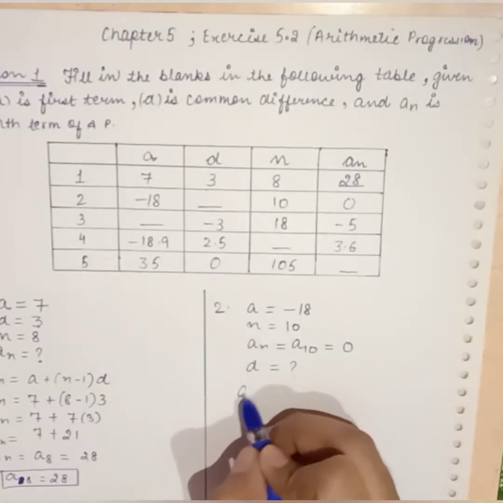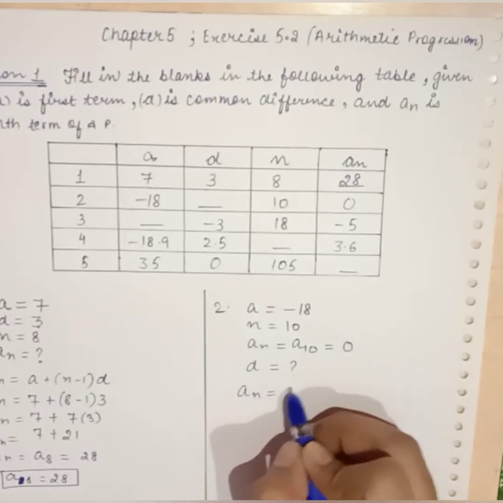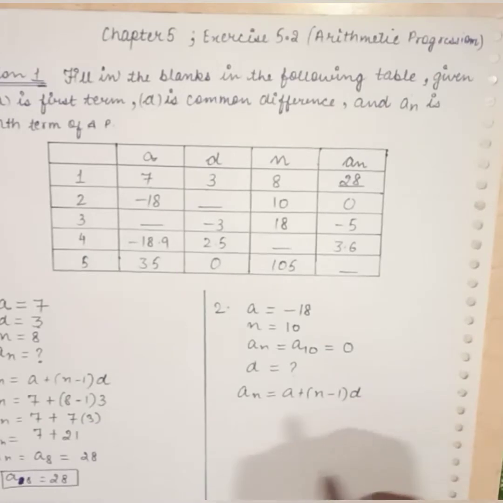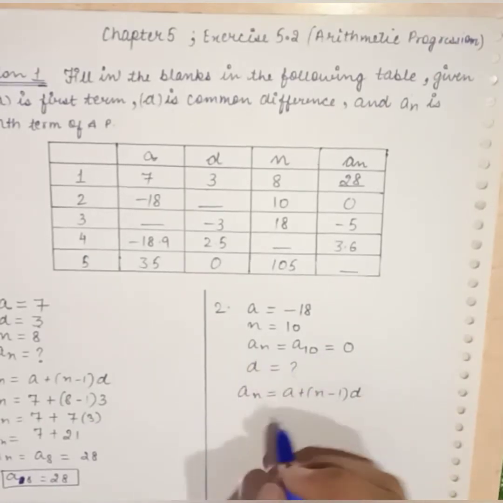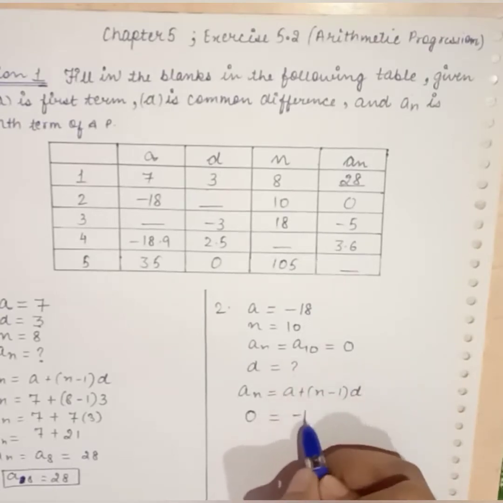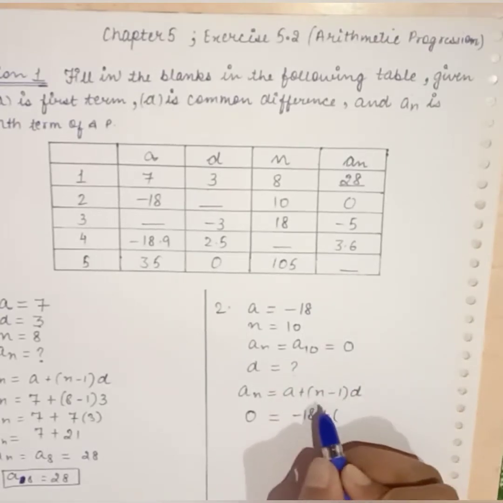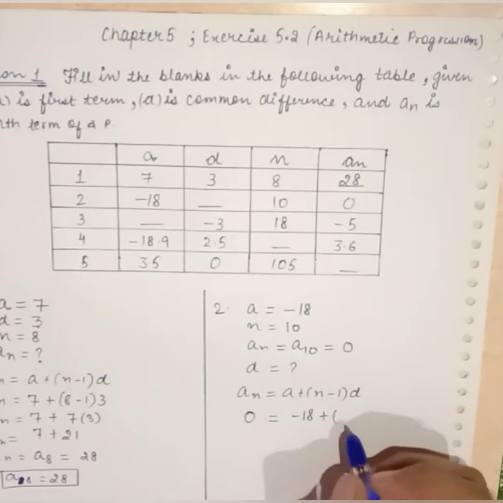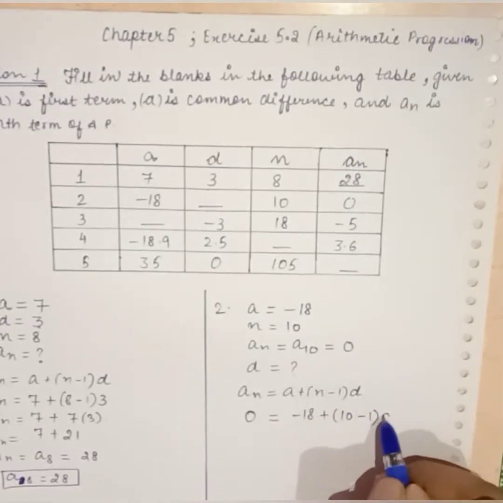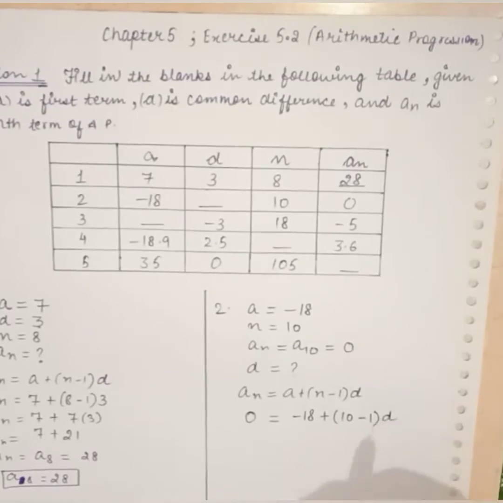We again use the same formula, an is equal to a plus (n minus 1)d. Now the 10th term is 0, a is minus 18, n is 10 minus 1 and d remains as it is.